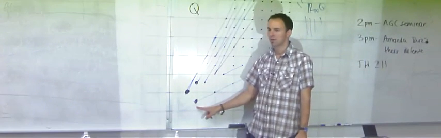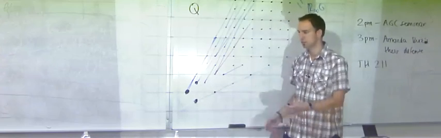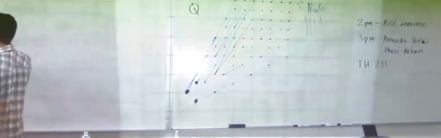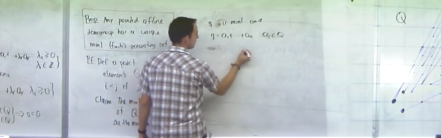Okay? Now, if you're a minimal element in this poset, then there's no way that you can be written as other things, right? Because if Q is minimal, and I was able to write it as, I don't know, a bunch of other generators, then there would be an edge between Q and Q minus A1.